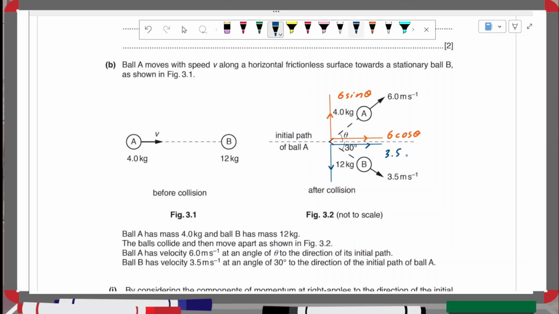So this one would be 3.5 times cos 30 because this angle is given, and the other one would be 3.5 times sin 30. Okay, so I might need to use these components, and matter of fact, whenever you have a question of momentum in 2 dimensions, you'll most probably need to use these components.